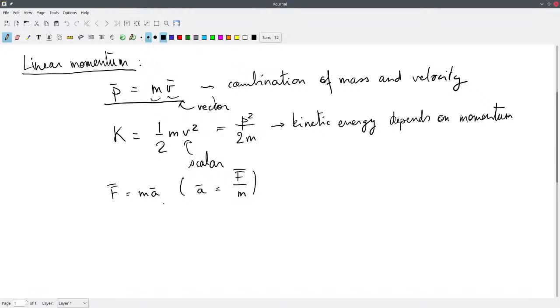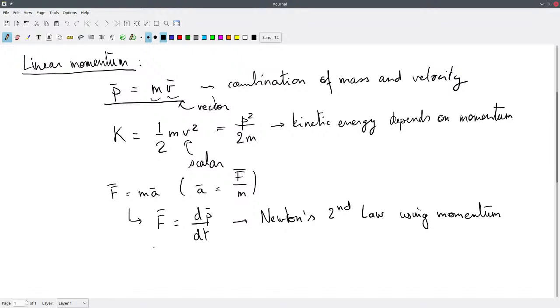By writing this in terms of momentum, we could actually write this as the force is the first time derivative of the momentum with respect to time, F equals dp/dt. So this is Newton's second law using momentum.